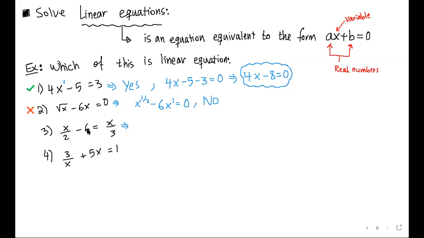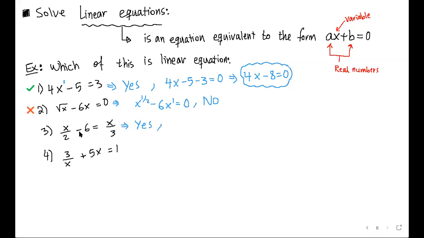The exponent for the 6 here is 0. So it is linear. Yes, exactly, because the exponent for this variable is 1.